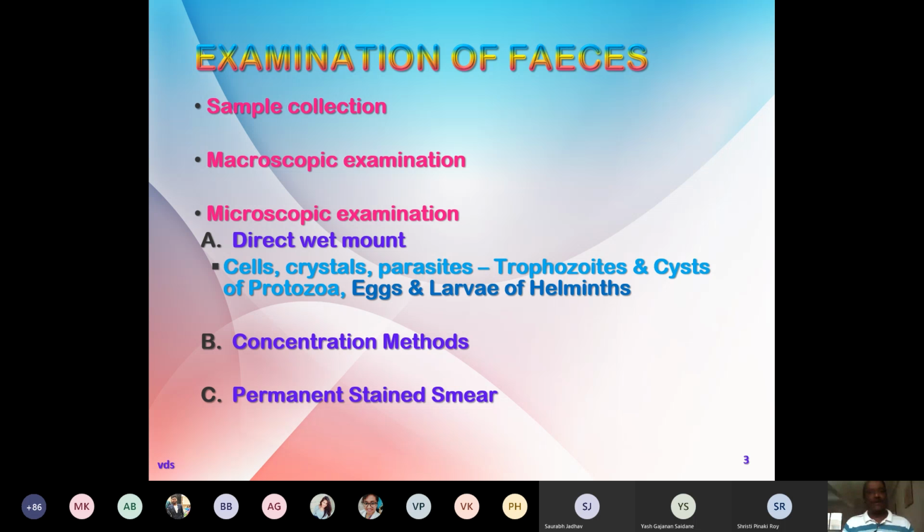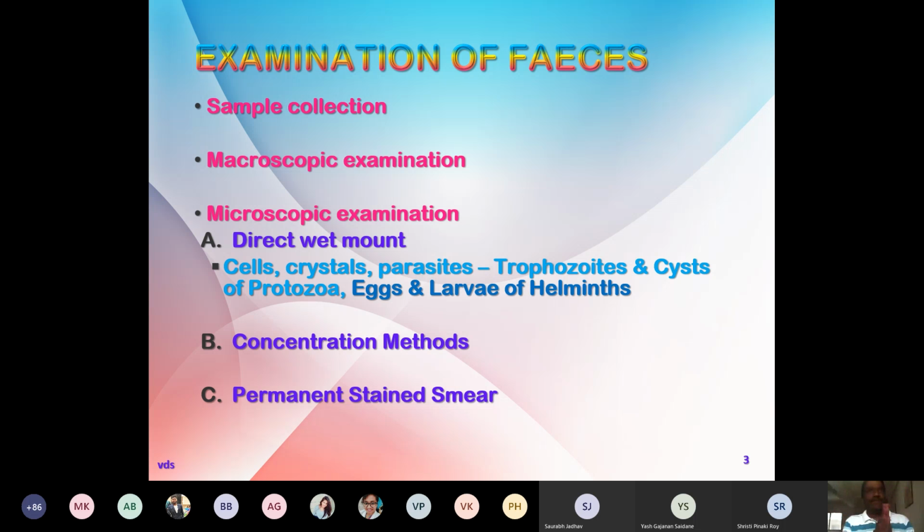All these cause intestinal infection. Only a few of them cause blood infection or other types of infection. At the same time, in helminthology, if you exclude filariasis, the maximum of the helminthic parasites lead to intestinal infection.